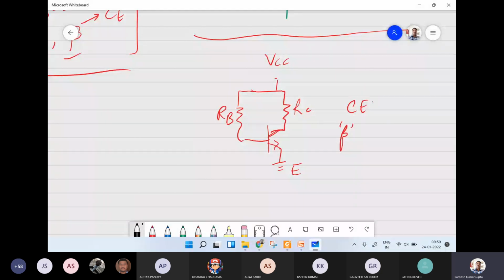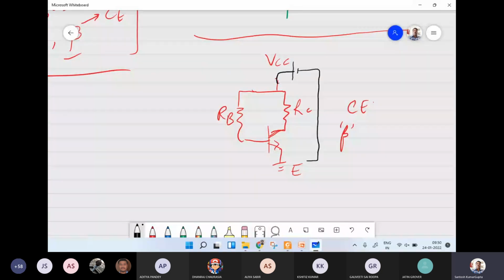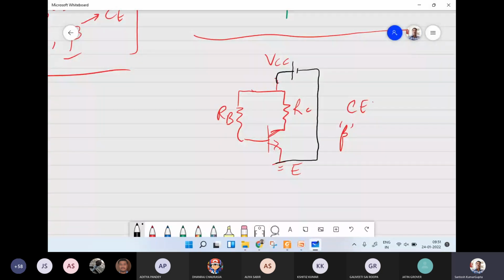VCC, already we have said that when we are given like this here, it means we have this kind of configuration. So the same value VCC is being applied across RC as well as across RB here.